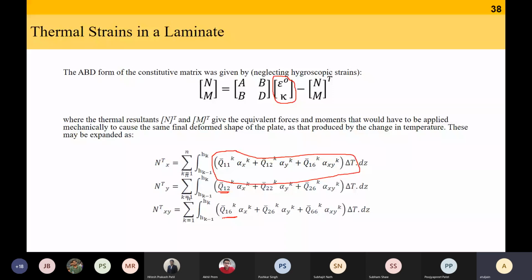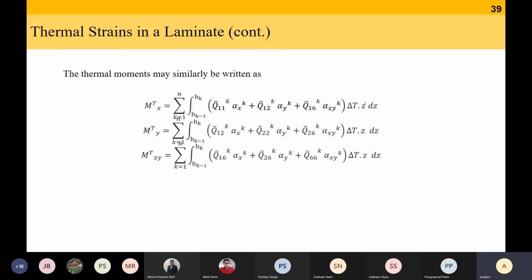Basically, it is the Q matrix times alpha x, alpha y, alpha xy, component by component. Here we are doing stress times dz. Okay. I hope you recall this expression: Q11 alpha x plus Q12 alpha y plus Q16 alpha xy, into delta T, is equal to sigma x.